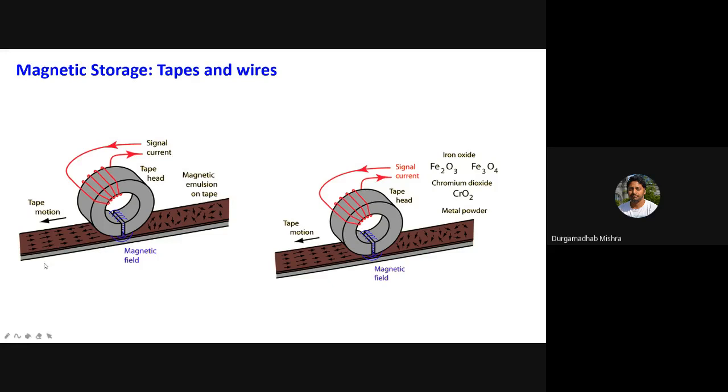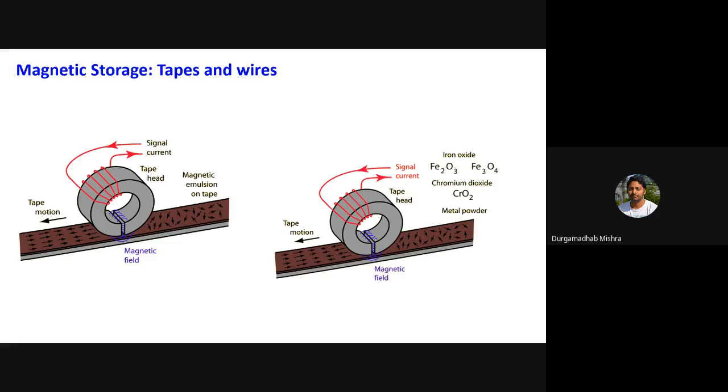So here again, what you see is some domains, for example on the extreme left, pointing to the right, and some pointing to the left. And this you can do by changing the direction of current in your wire. If you change the direction of the current, you can change the magnetic poles.